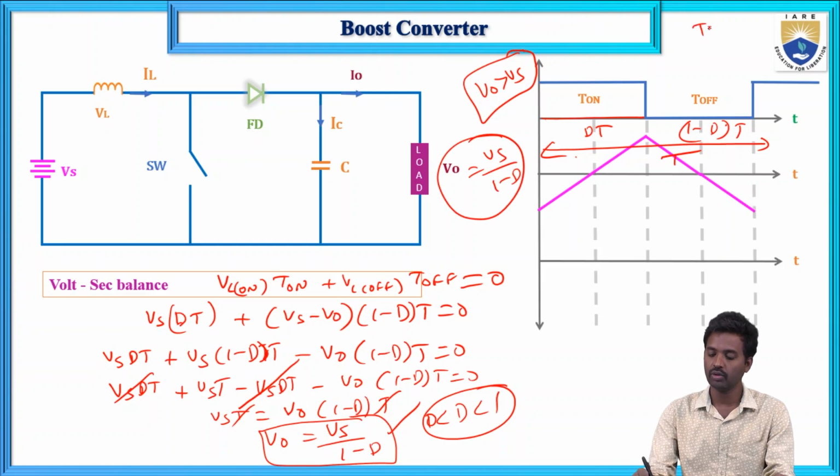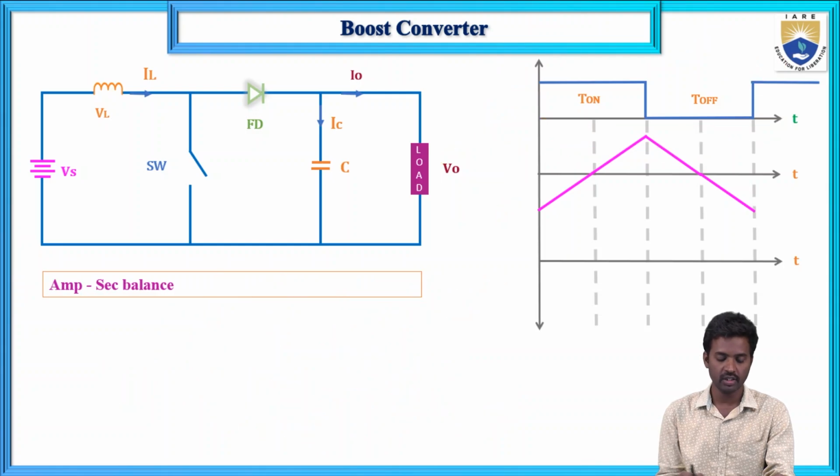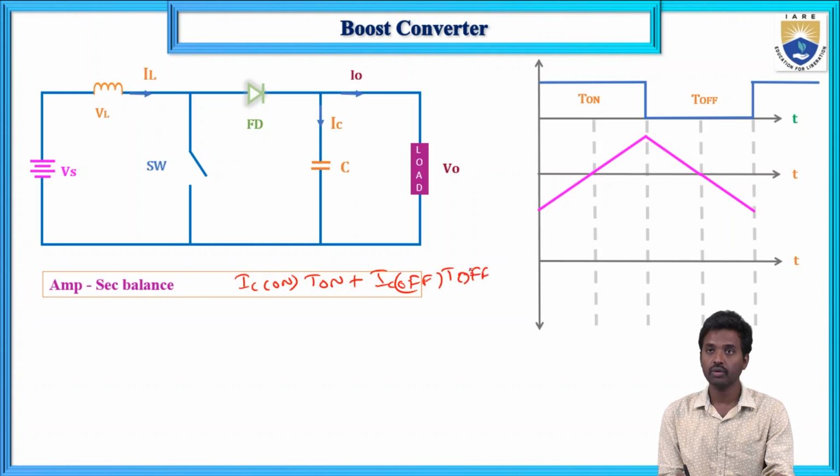The duty cycle D equals T on divided by (T on plus T off). Now here, in the ampere-second balance, IC on into T on plus IC off into T off equals 0.